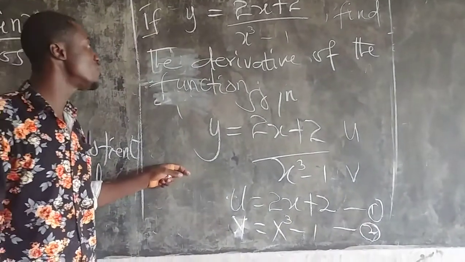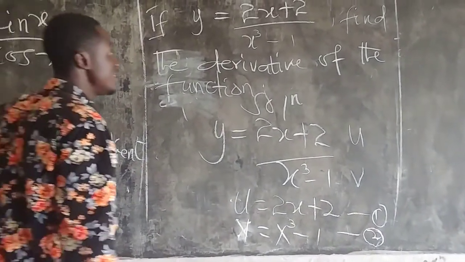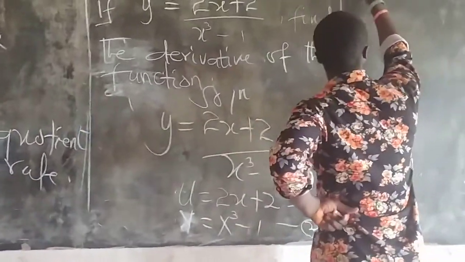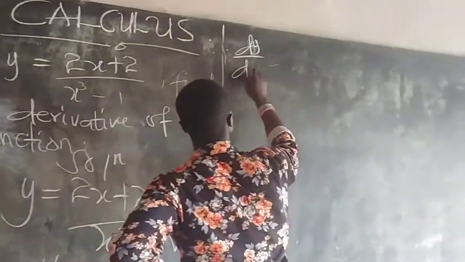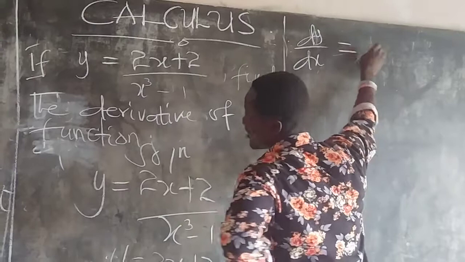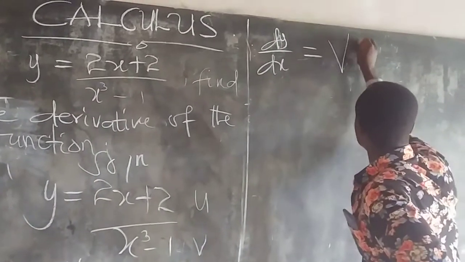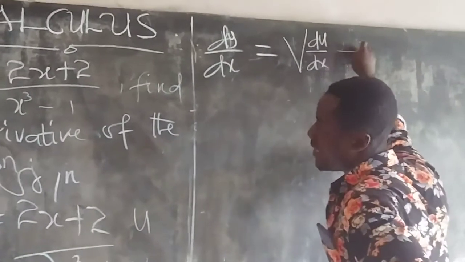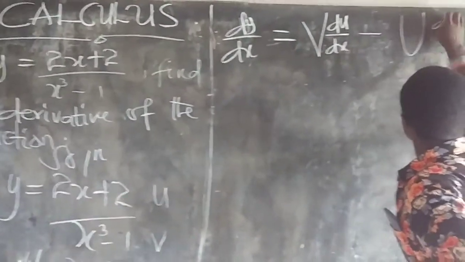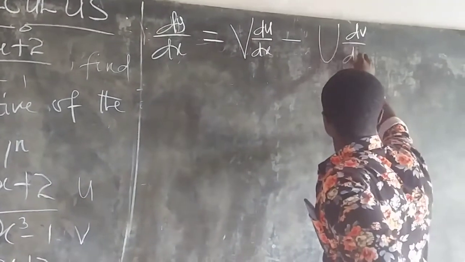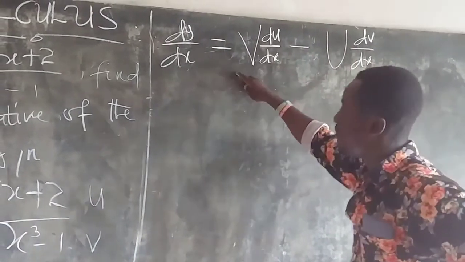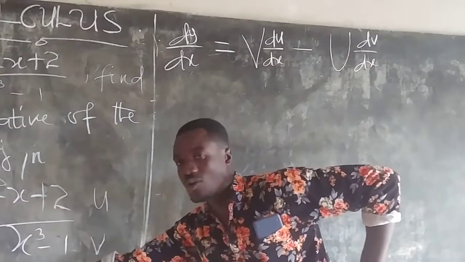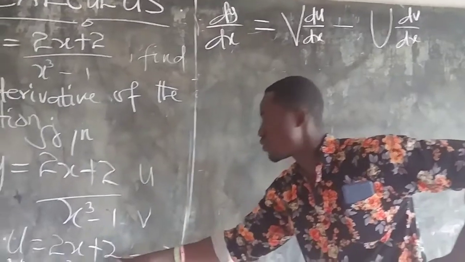And the quotient rule says that dy/dx is equal to v du/dx minus u dv/dx. Now we know that u is equal to 2x plus 2.